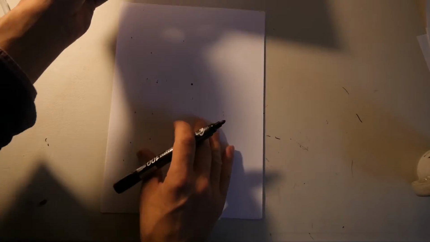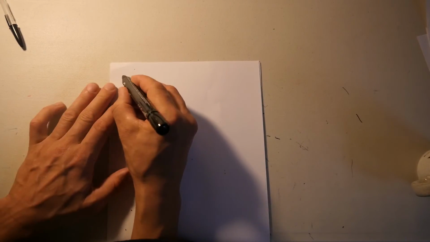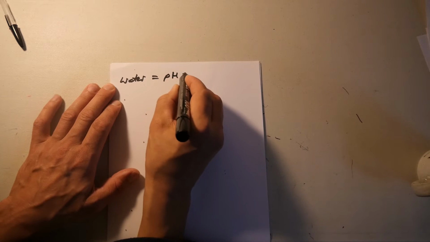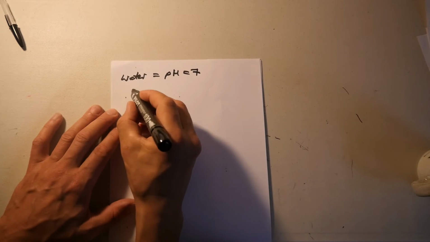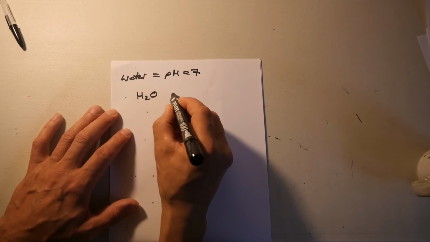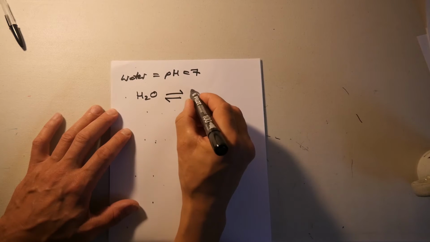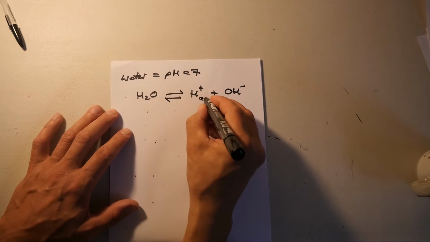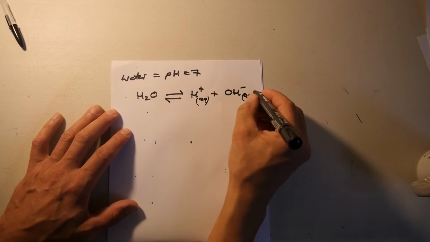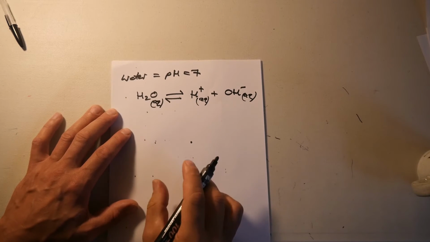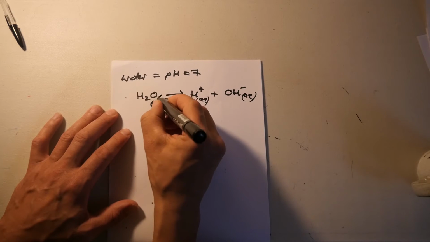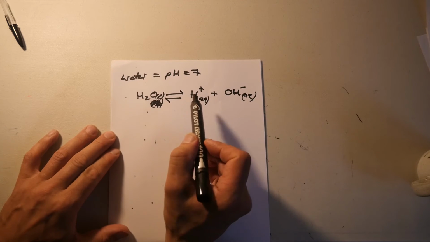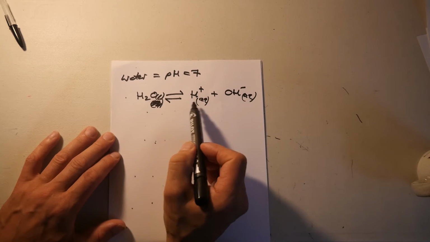So yeah, water equals pH 7, okay? Because water, liquid, dissociates into an equal number of hydrogen and hydroxide ions, which are in aqueous solution.